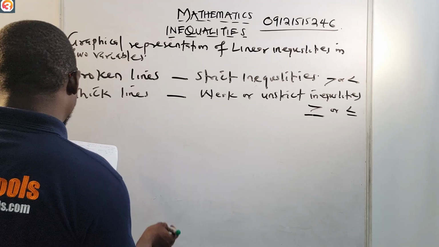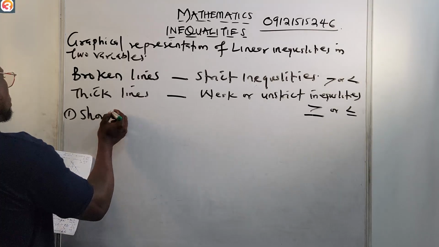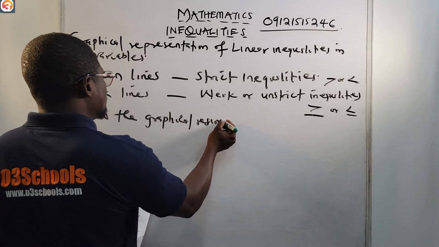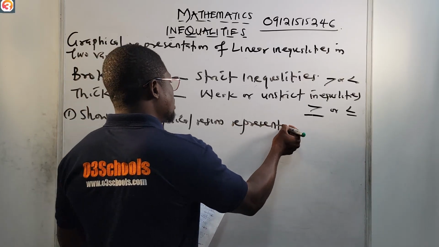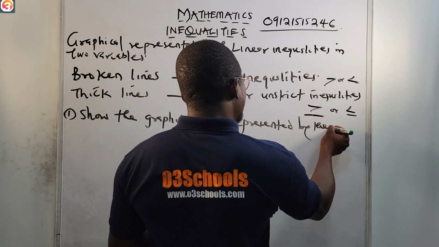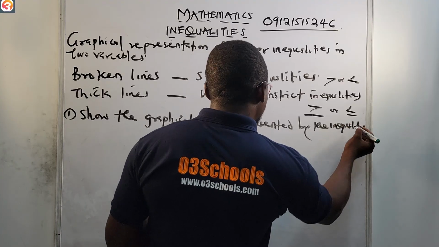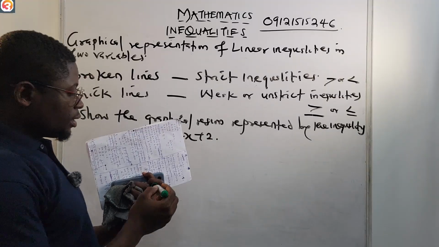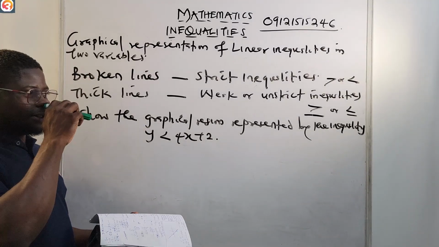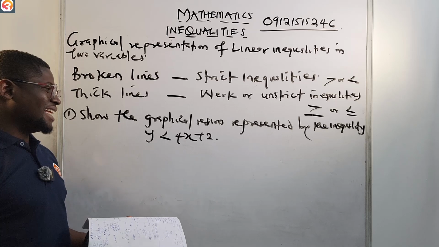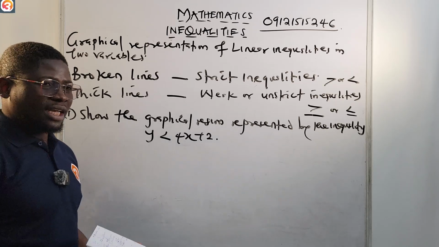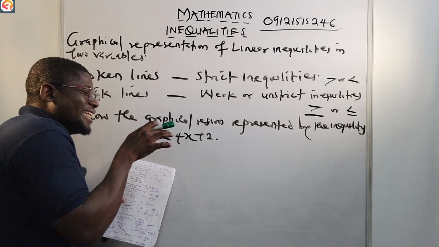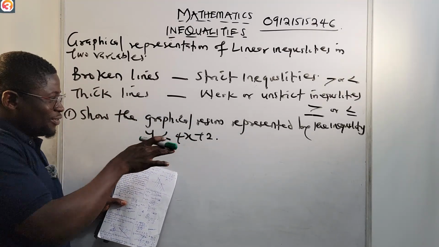For example, we are told: show the graphical region represented by the inequality y less than 4x plus 2. So we find the linear equation equivalent of this inequality.